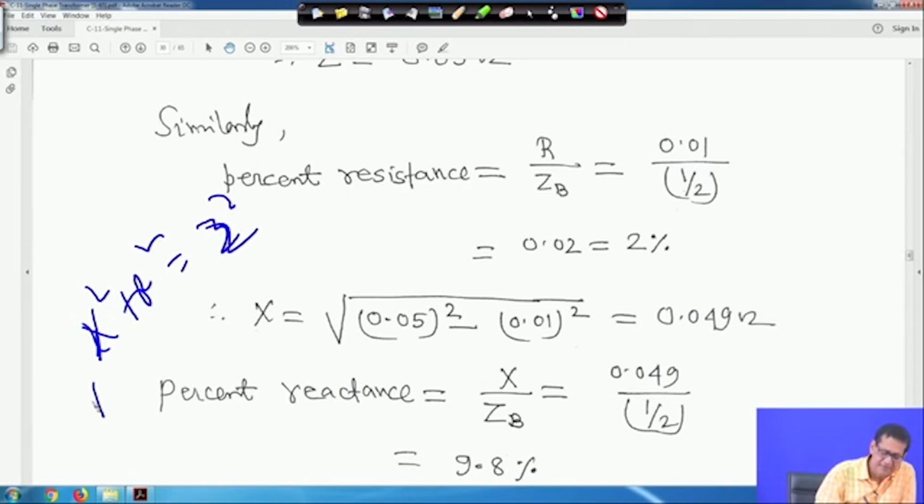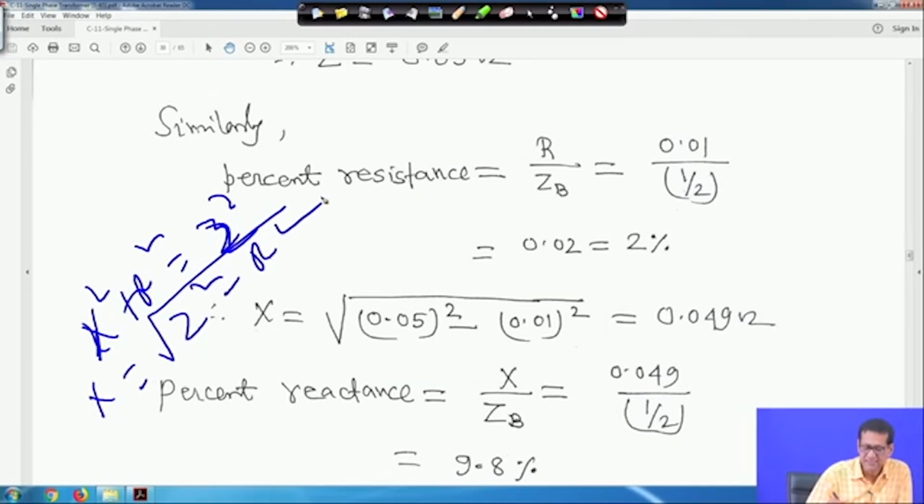So X is equal to root over Z square minus R square, with Z as 0.05 and R as 0.01. You get 0.049 ohm, that is the X value. Percent reactance is again divided by ZB, because this is ohm and ZB is also ohm: 0.049 by half, it is 9.8% or 0.098 per unit.